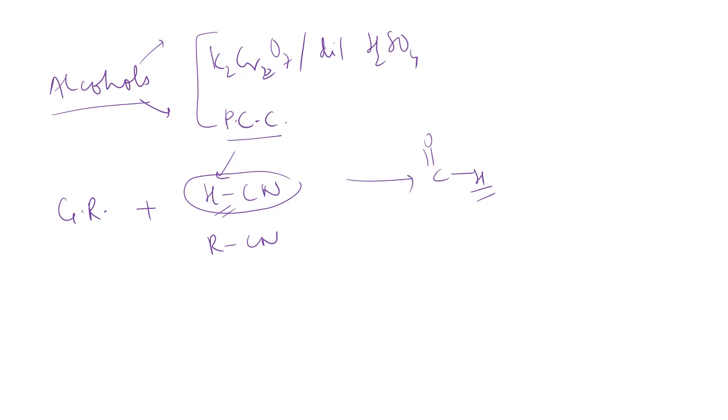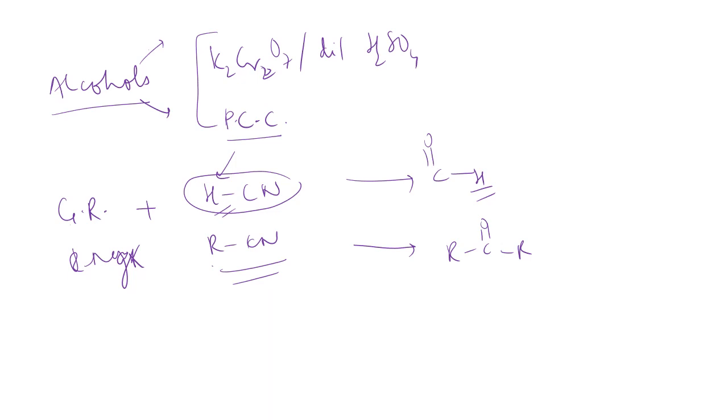So we will be using HCN, hydrogen cyanide, if we want to make an aldehyde from a Grignard reagent. And if we don't want hydrogen, we want another carbon part, that is if you want to make a ketone, then we are using alkyl cyanide plus Grignard reagent like RMgX. So we will end up with a ketone, that is RCOR. So this is how we are having it now.